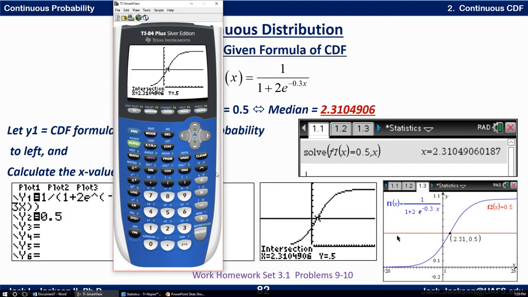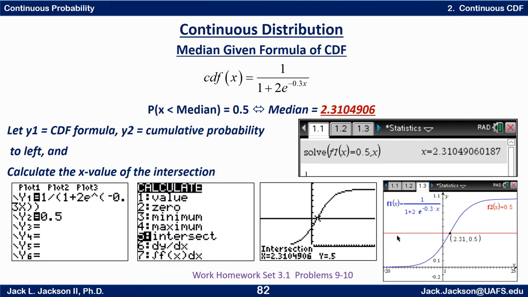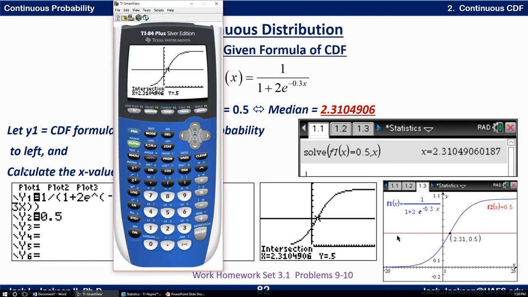All right, how about finding the 60th percentile? Okay, if we want to find the 60th percentile, then it's the same thing. We just want this to be 0.60 or 0.6.